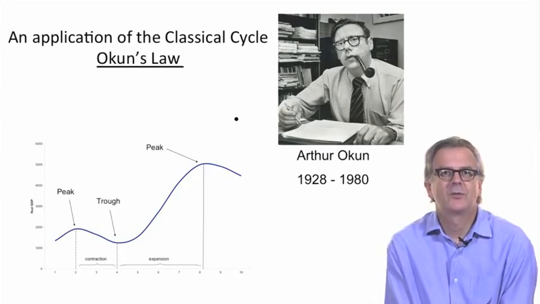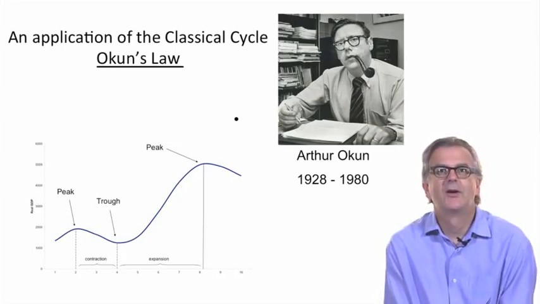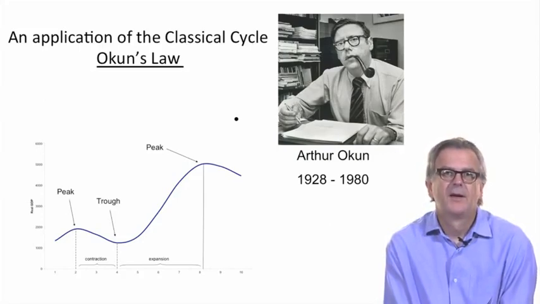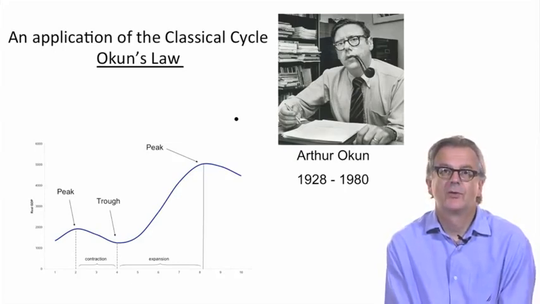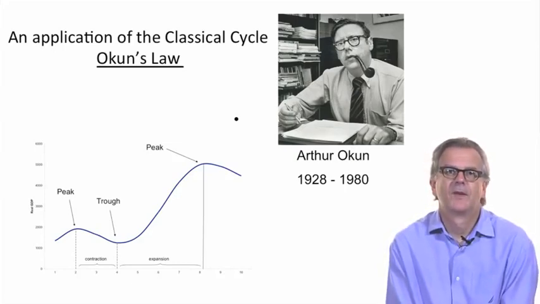What he was focusing on was the interrelationship between gross domestic product and unemployment. And he's particularly interested in the issue of how costly an economic contraction might be and what benefits might therefore be conveyed to the economy if contractions could be shortened or even eliminated.